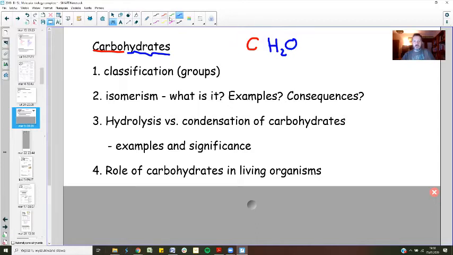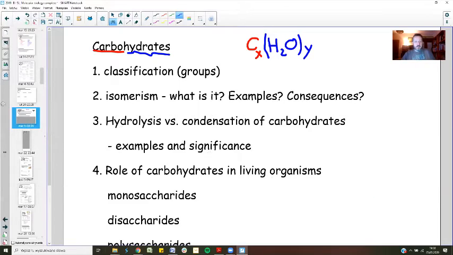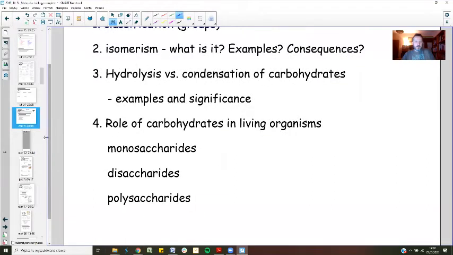So we may say they are hydrated carbons, which is, of course, a very large simplification. However, the general formula of carbohydrates is CxH2Oy. You may find this formula in a chemistry textbook.